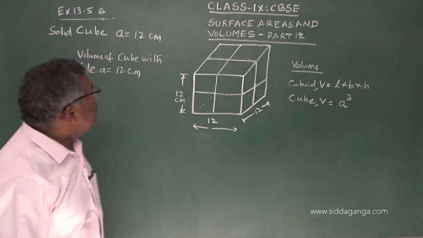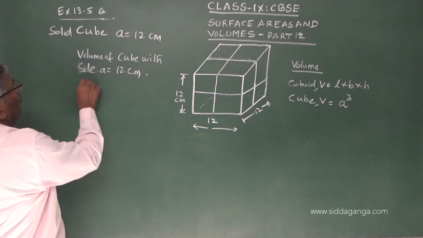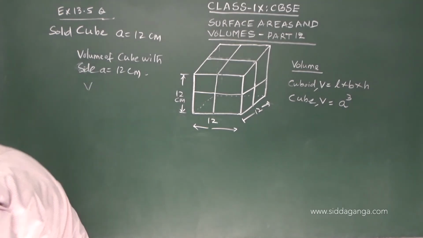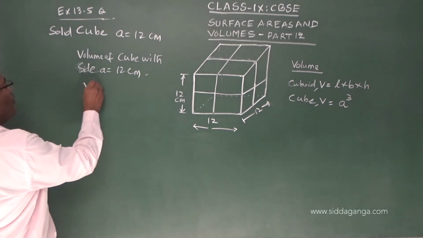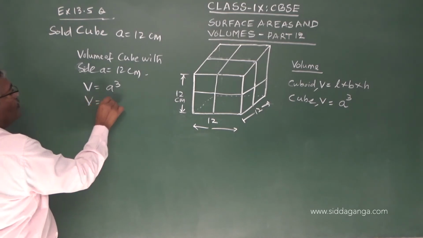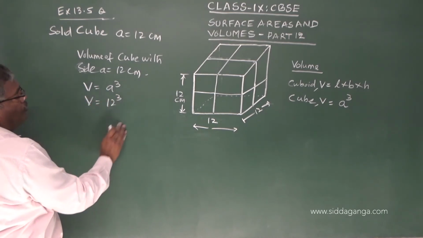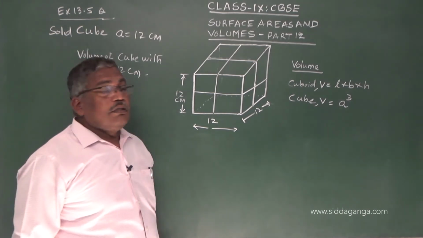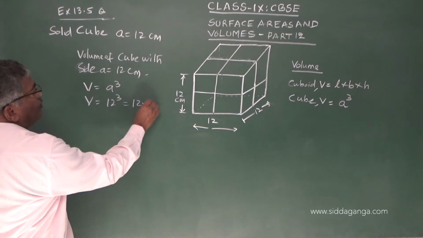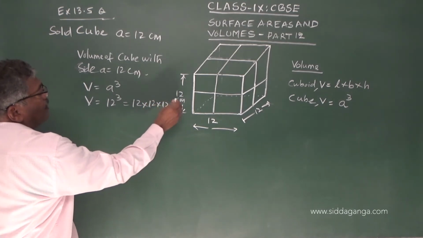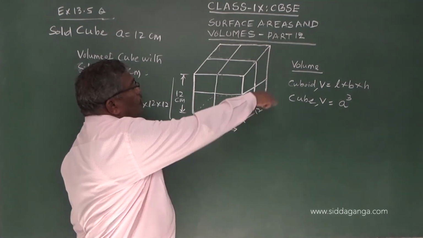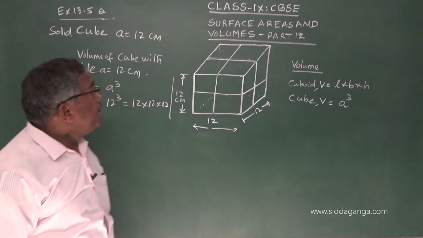V equals, what's the formula? V equals a cube, so volume is equal to 12 cube, or I will write it as 12 into 12 into 12. This is the volume of the 12 centimeter size cube.